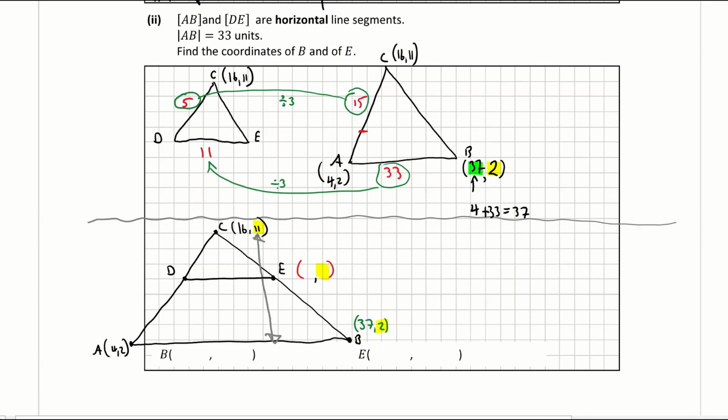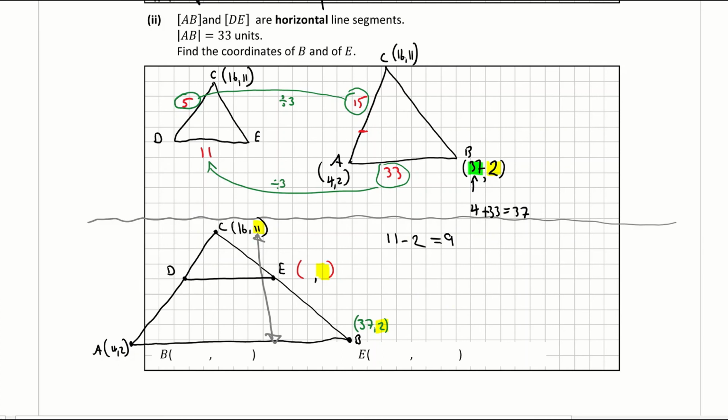That distance is between 11 units high on the y-axis and 2 units high. So if I take 11 minus 2, I get 9 units. That's telling me that the perpendicular height from AB to the vertex C would be 9 units.